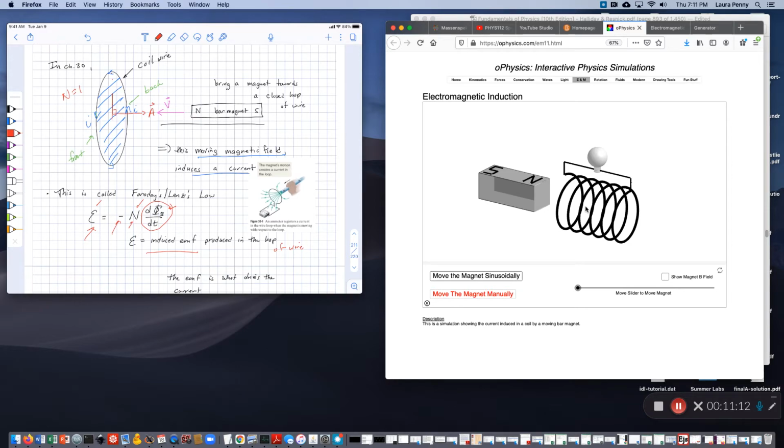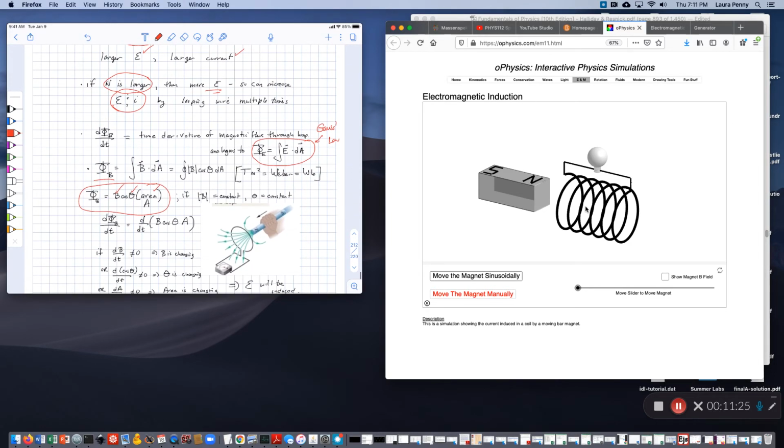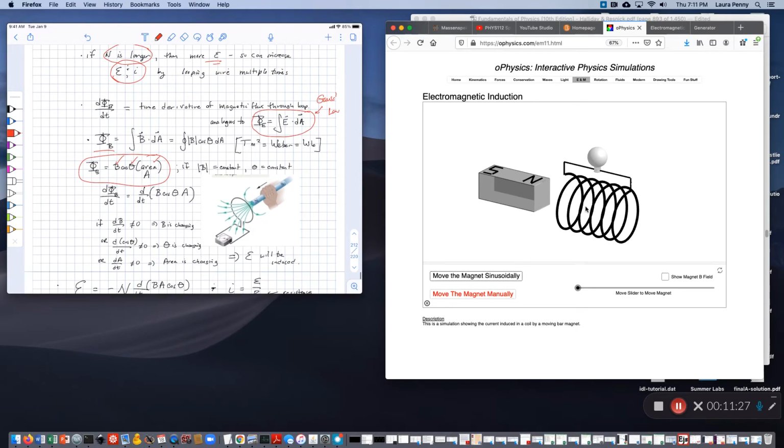And so there's an angle between that area vector and the magnetic field. That's our theta that goes into that cosine. And we'll see what that angle is a little bit better when we're doing actual problems.